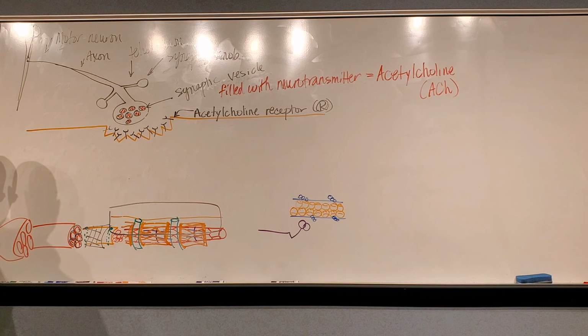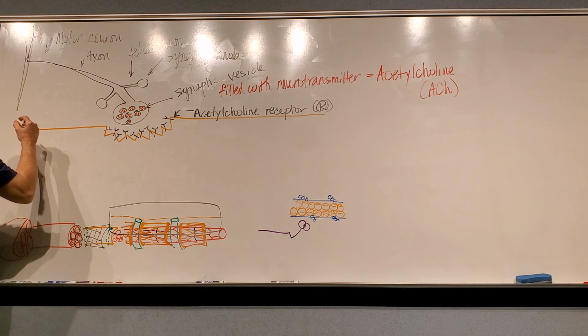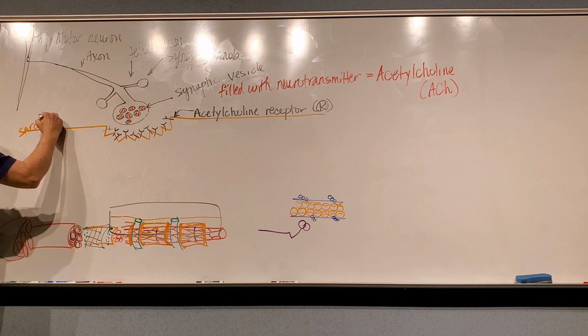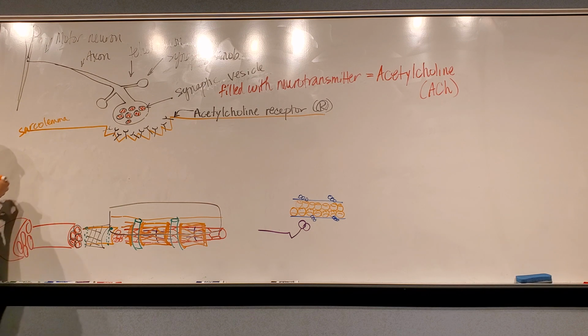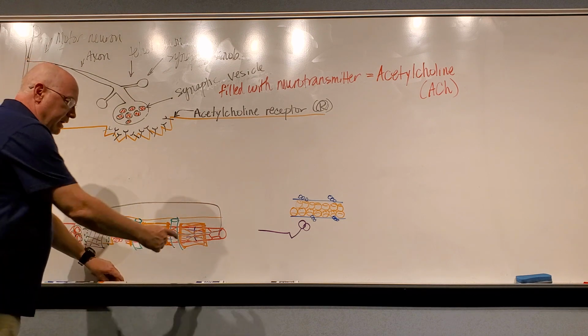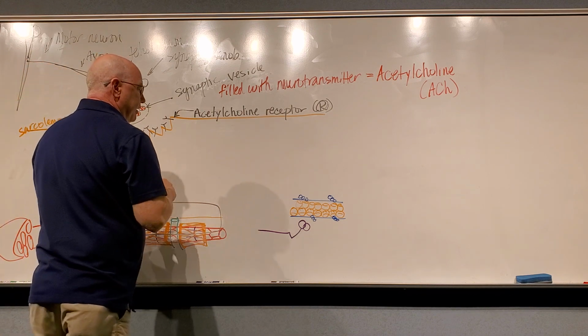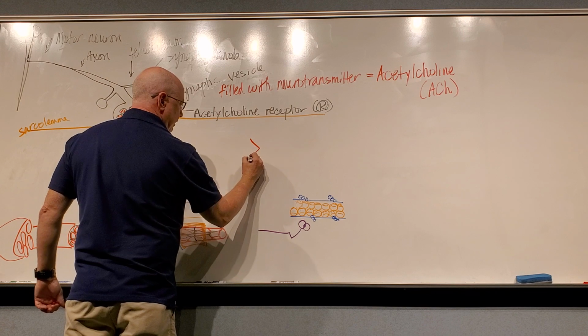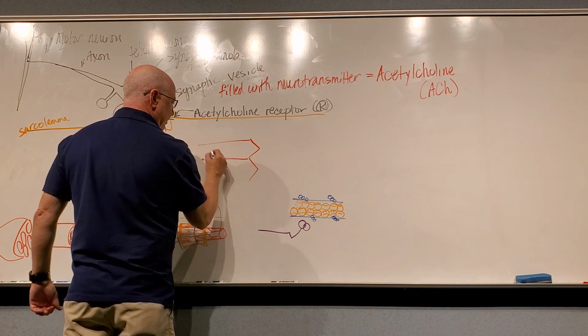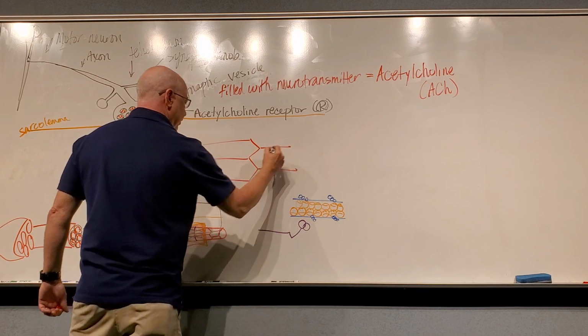Now, suffice it to say, this is our sarcolemma, our cell membrane. Now, deep inside the cell, I'm going to have one of these myofibrils. And my myofibril is going to have my Z line like this with my actin filaments sticking in both directions.